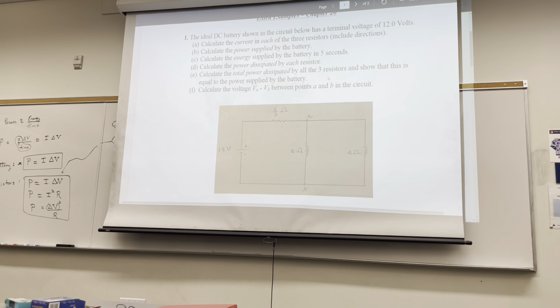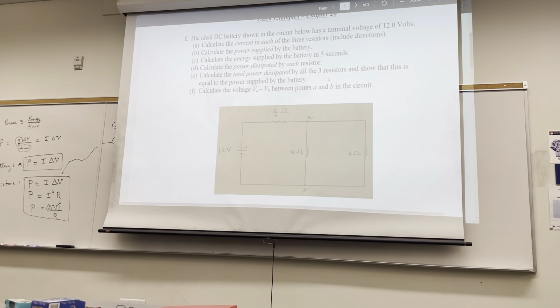So every second that goes by, what is the energy that is being supplied by the battery? Another question is, what is the energy, not power, supplied by the battery in 5 seconds? Well, if we know what the energy is supplied in 1 second, then we should know how much energy you should supply in 5 seconds, right? So that's just B and C are, for you to realize that there's a difference between energy and power.